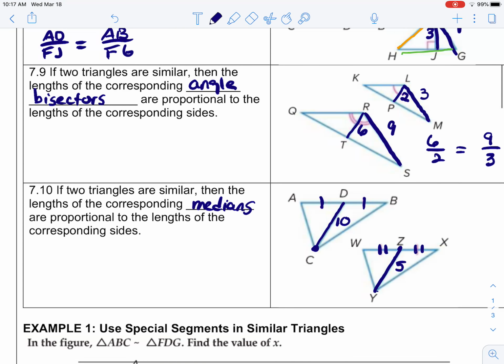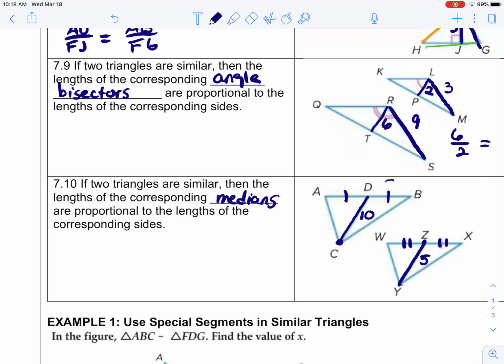I am kind of an amateur at this right now, I keep hitting that plus button on the bottom of the page. Apologize for that. So that's a 2-to-1 ratio. And so if we were going to look at, say, even this DB right here, let's say that's 2, and let's say ZX is 1, which of course means that AD would have to be 2, and WZ would have to be 1.